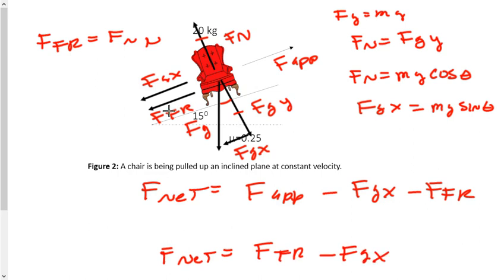Because now force friction is going to be pointing in that direction because the object's going to want to go down, which is left according to my xy coordinate system. Remember, moving left is negative, and anything pointing upwards is positive. So if this object was simply sliding down, that would be its force net equation, because friction always opposes the direction that the motion actually wants to go.